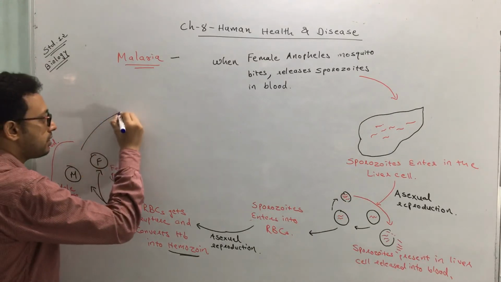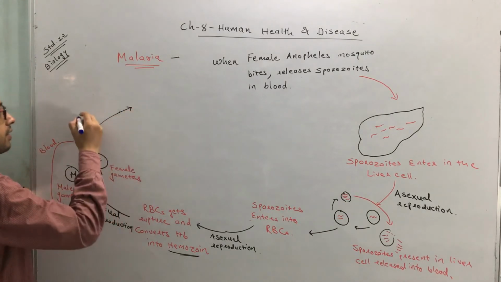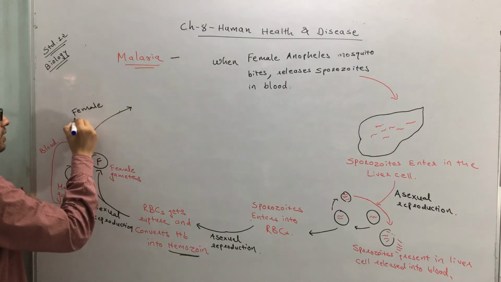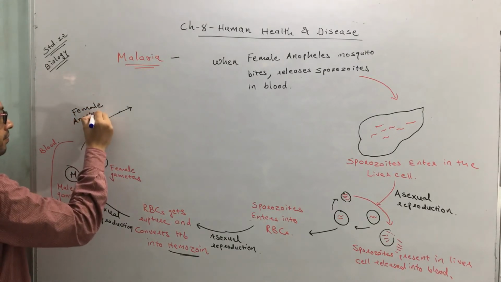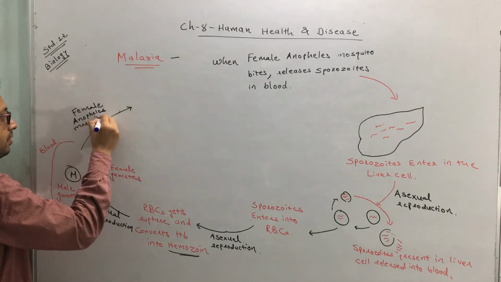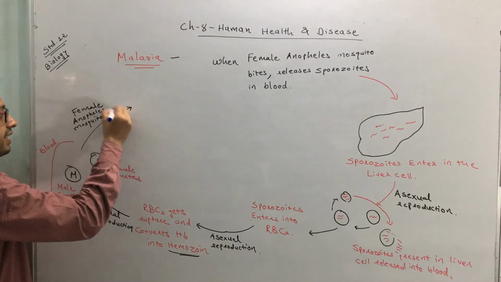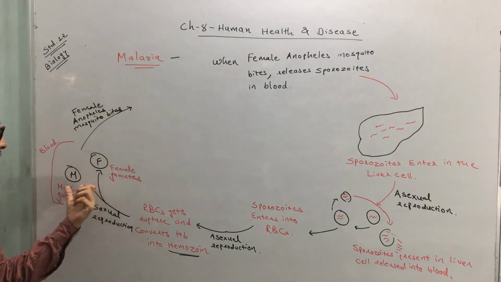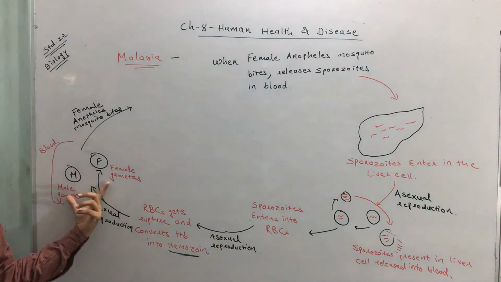Now what happens when a female Anopheles mosquito bites such an infected person? In this human individual, there is a formation of male and female gametes of the parasite.